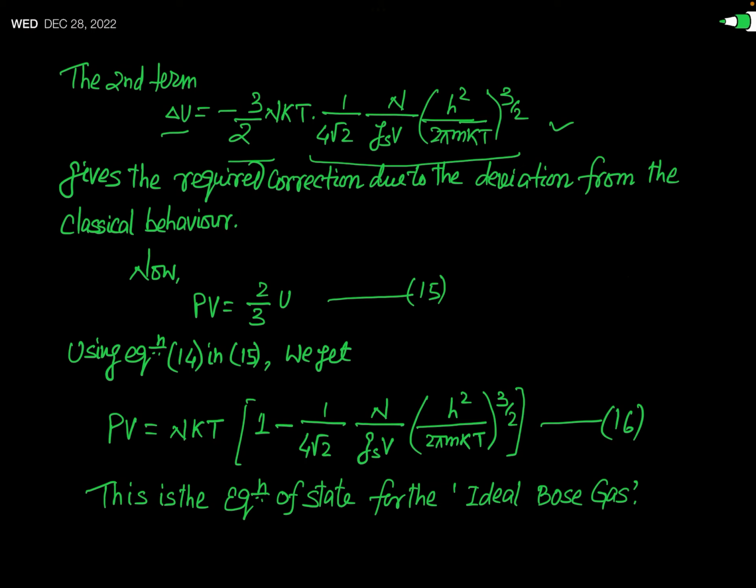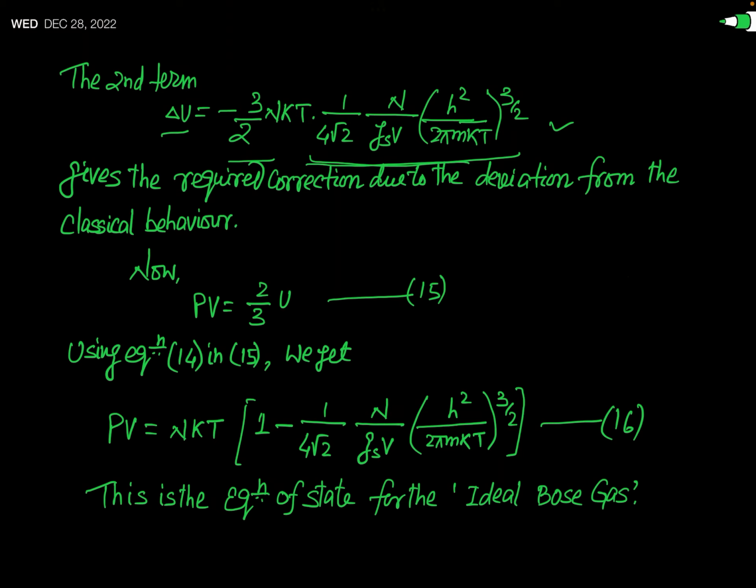Can the energy of the two gases be the same? The answer is no. Their energy will differ, and that difference is equal to this much. Actually, the energy of the Bose gas will be smaller because here the difference is negative. So this is the required correction due to the deviation from the classical behavior.